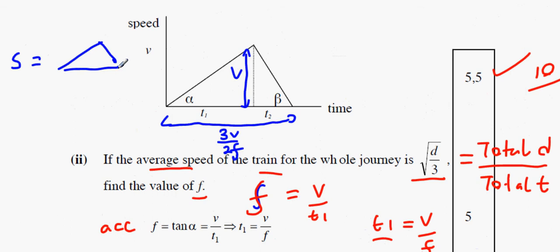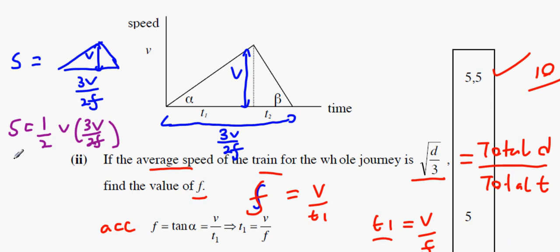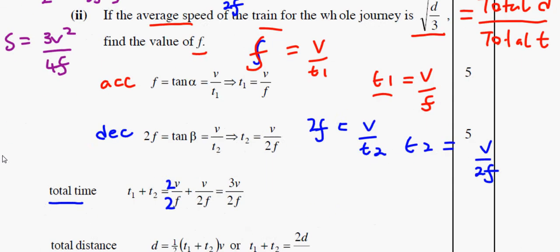The perpendicular height is v and the base is 3v over 2f. Therefore, the area of this triangle has to be a half v multiplied by 3v over 2f. And that s is going to be equal to 3v squared all over 4f. So 3v squared over 4f.